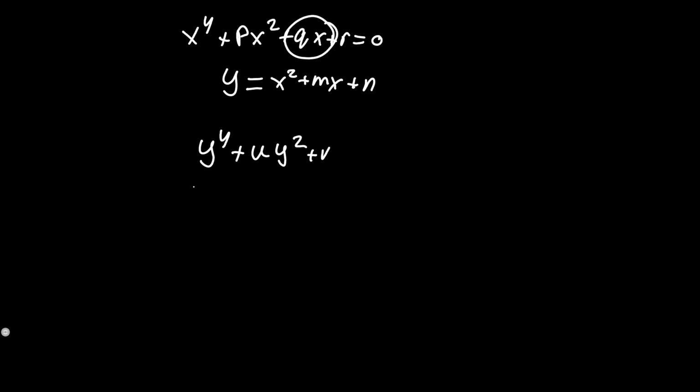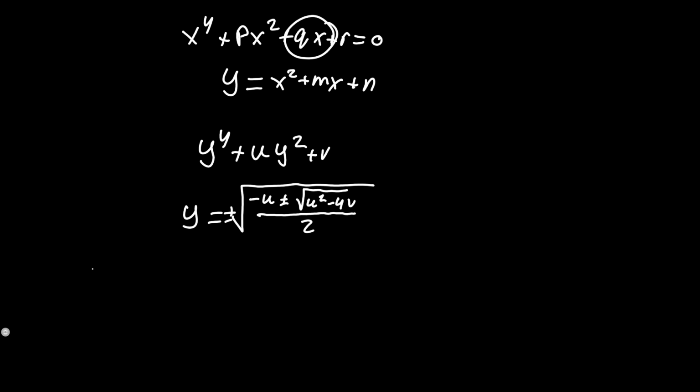which then gives us a solution of y is equal to plus or minus the square root of negative u, plus or minus the square root of u squared minus 4v, all over 2, which gives us all four solutions.